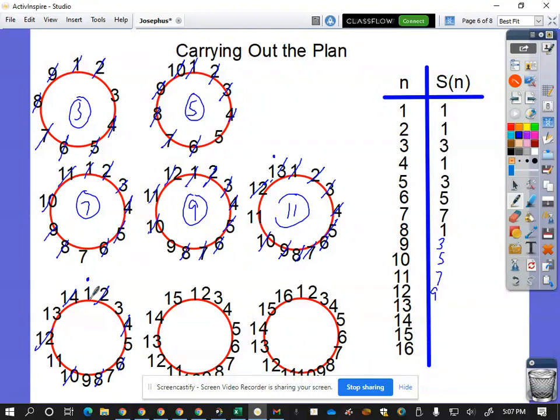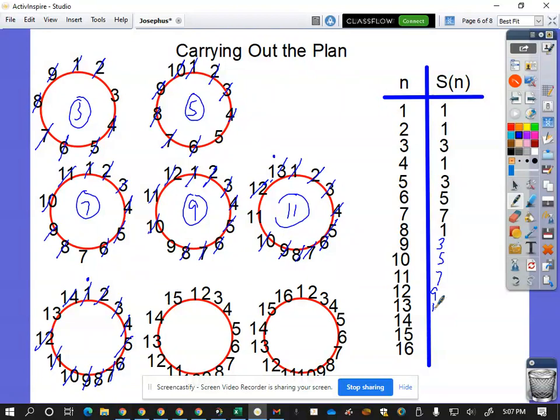Okay. So here, 1 is going to eliminate 3, 5 is going to eliminate 7, 9 is going to eliminate 11, 13 is going to eliminate 1, 5 is going to eliminate 9, and 13 is going to eliminate 5.